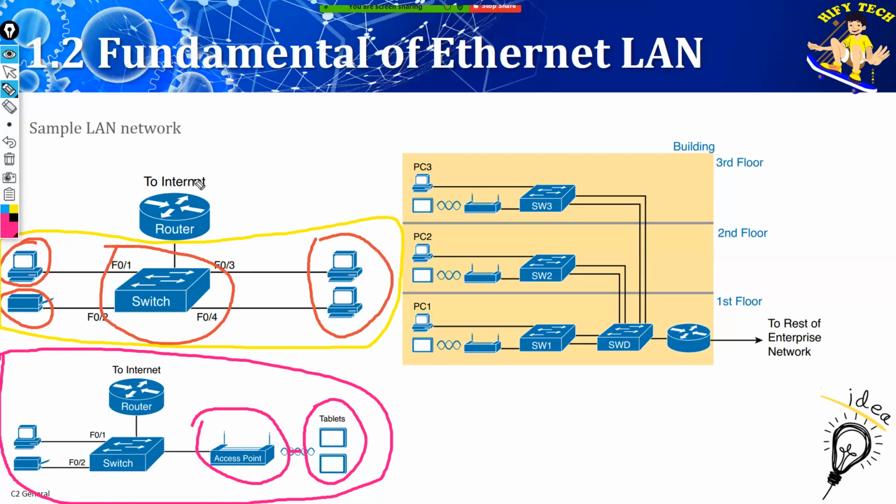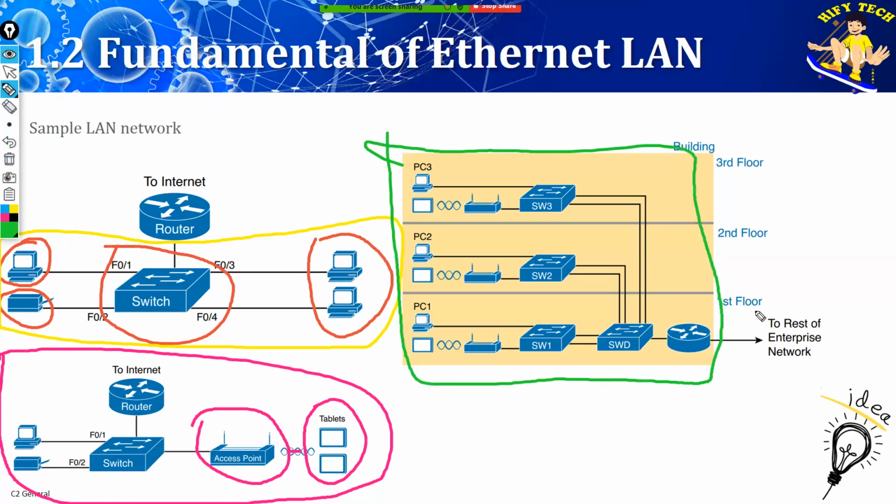Now, for the big offices, big buildings, multi-story buildings, we have another kind of architecture, which is this one. So here we have first floor, second floor, third floor, a three-story building, and each floor has an access point, which is connected to the Wi-Fi. Each story has a switch. Wi-Fi is connected there, and PCs are connected there.